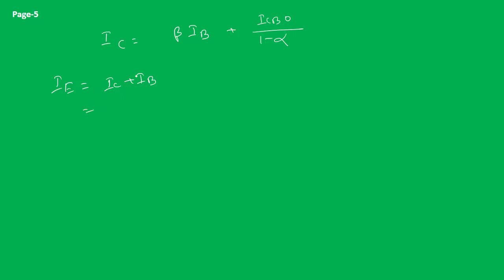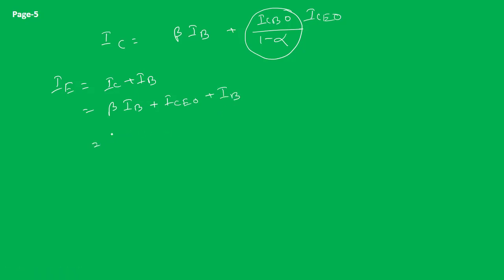Let us call this ICBO divided by 1 minus alpha as ICEO. So we can write it as beta IB plus ICEO plus IB.